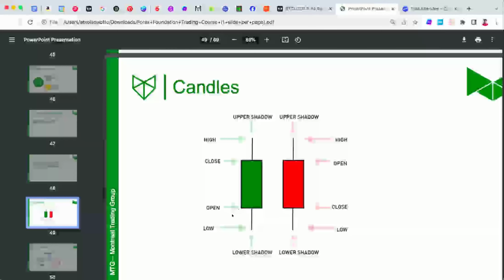So here, as you can see from my screen, there is this open where this candle opens, and there is this wick. This wick is where the price actually was not making a lot of effect in the market, but here is exactly where the body started from.